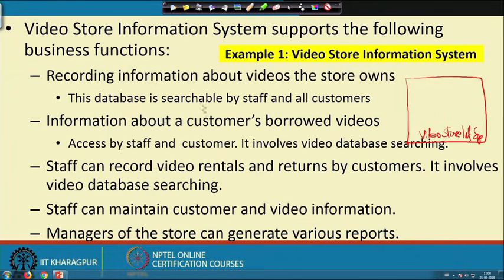So, we can see here clearly that there are three categories of users. One category of user is the staff, another category of the user is the customer, and the third category of the user is the manager.